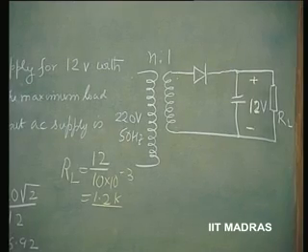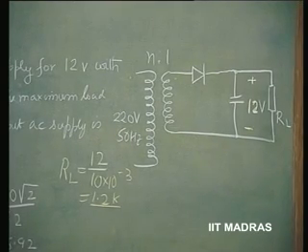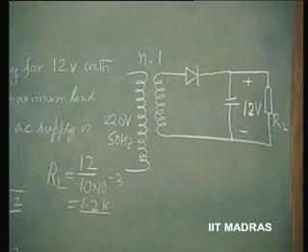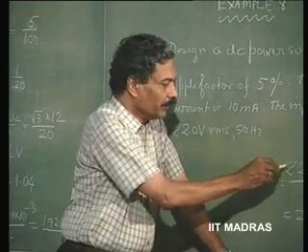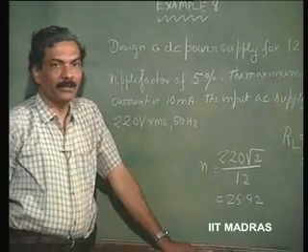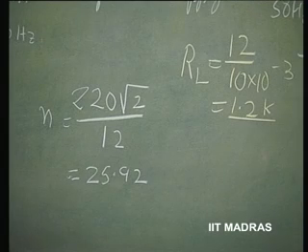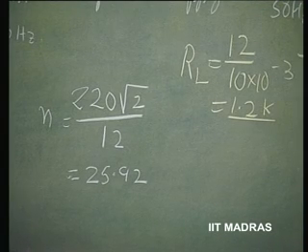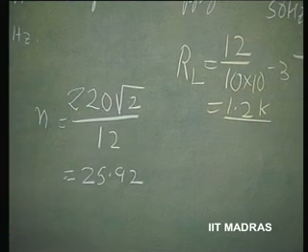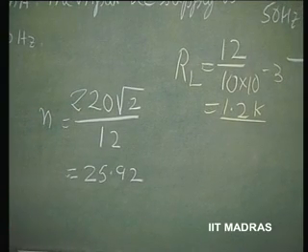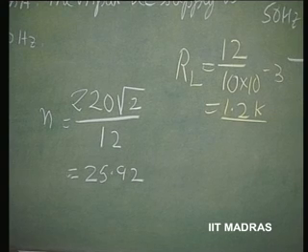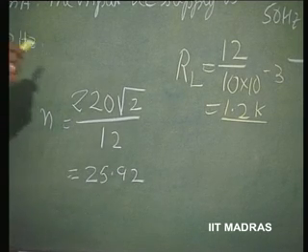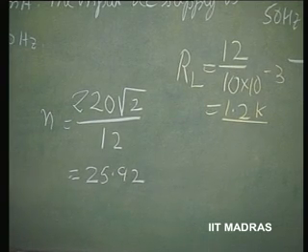Now let us first evaluate the most important thing in the design, that is the turns ratio. 220 volts being the RMS value, 220 into root 2 is the peak value of the primary AC voltage, and therefore the secondary peak value is 220 root 2 by n, which should be equal to 12 volts DC.